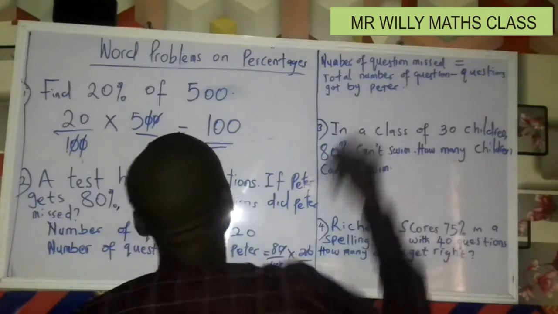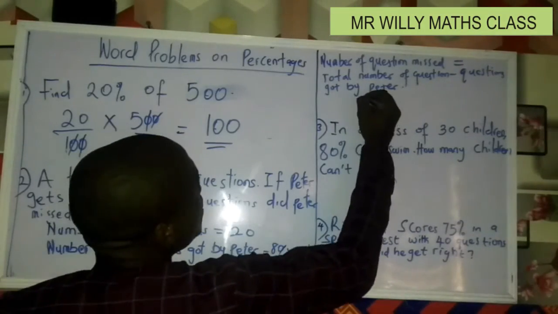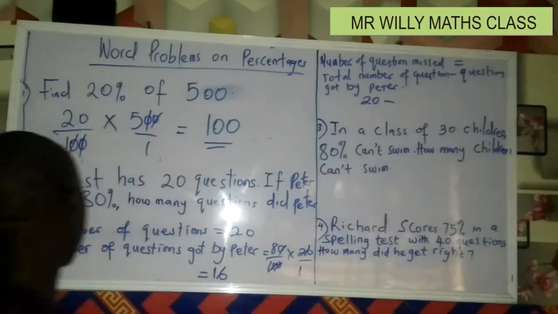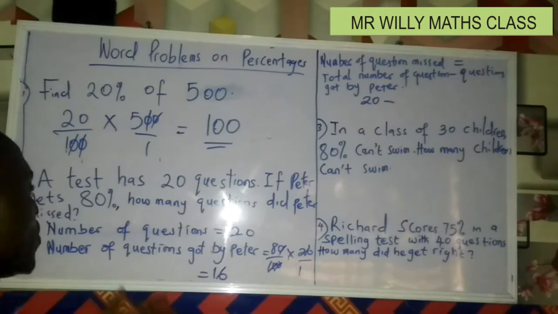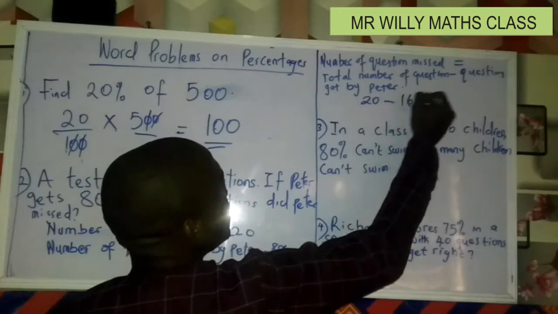Now if you look at the board, the total number of questions attempted by Peter was 20, and we have the solution for the number of questions got by Peter, that's 16. So 20 minus 16, that's 4.